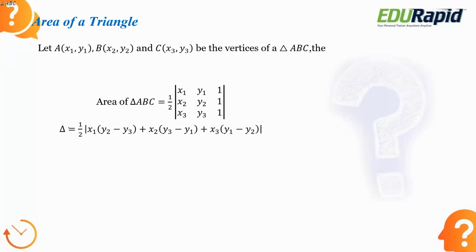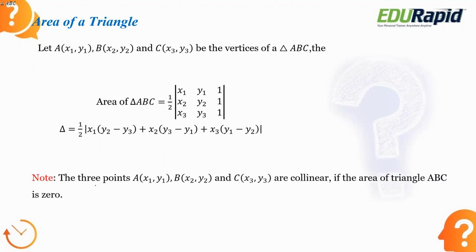So area is given by half into x1 into (y2 minus y3), because we are just using determinant here, plus x2 into (y3 minus y1), with respect to the first column, plus x3 into (y1 minus y2). This is the formula.